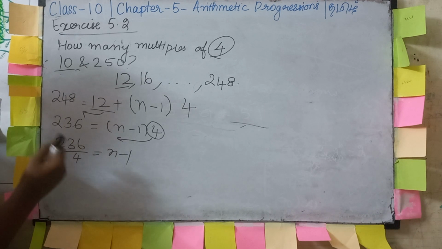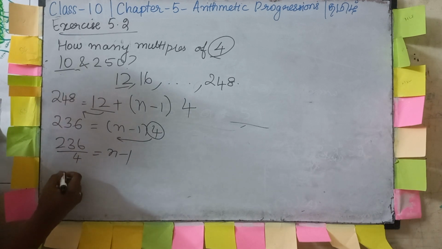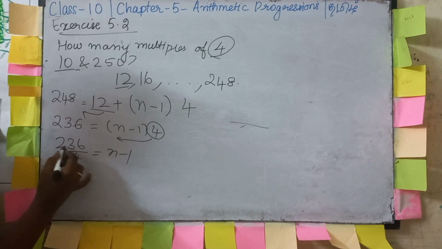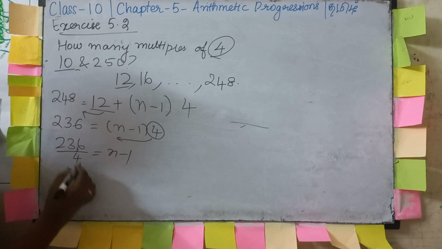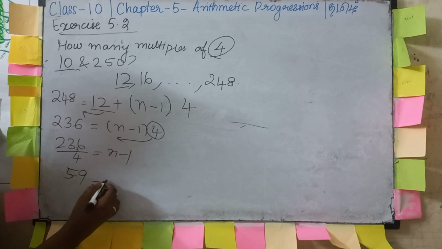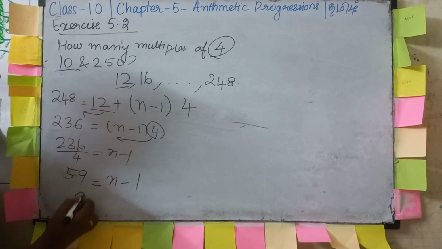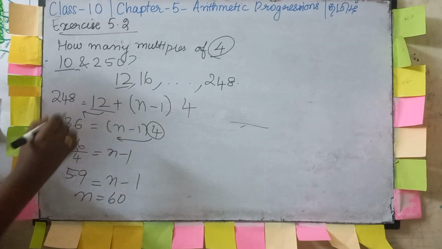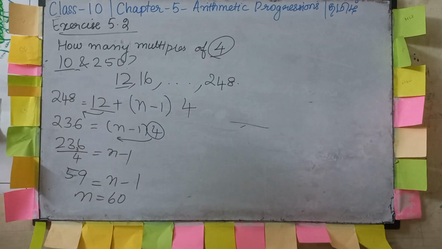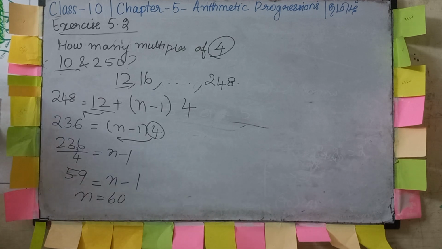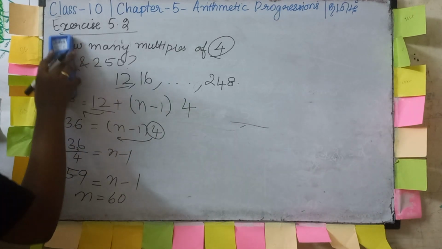Divide 236 by 4. 4 5s are 20, then 4 9s are 36. So what is the value of n? 60. There are 60 numbers, multiples of 4. Understood?